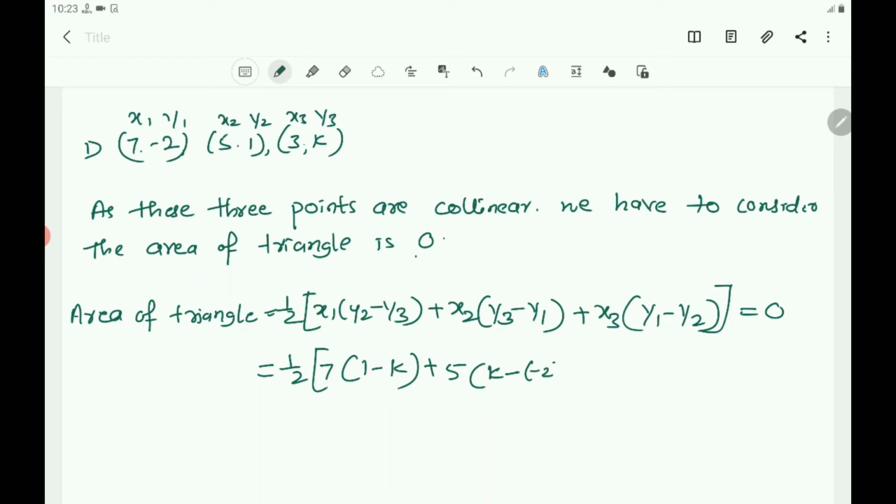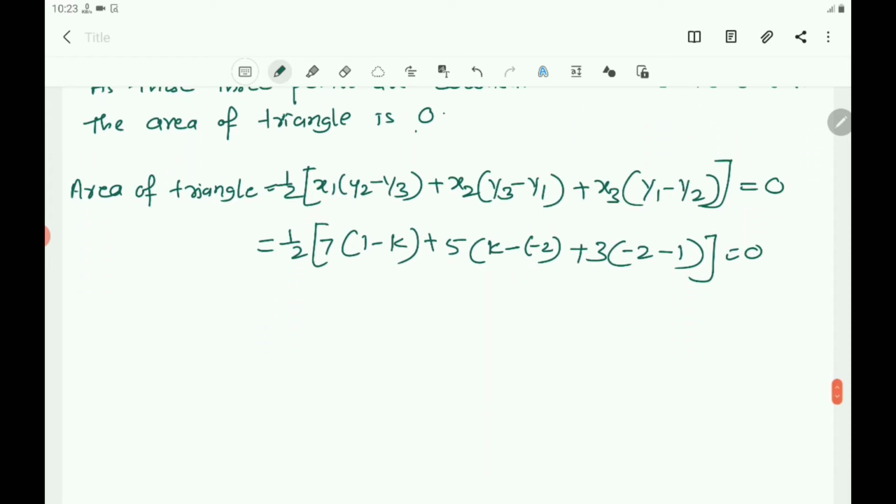Minus of minus 2 you must write, plus x3 is 3, y1 is minus 2 minus y2 is 1, that equals 0 you take. Then you can leave this half as it is a product of that complete bracket.